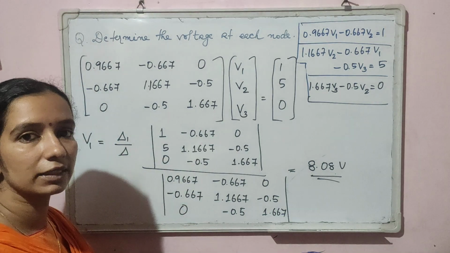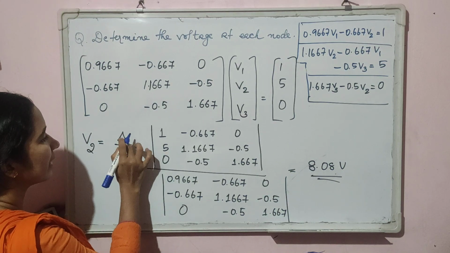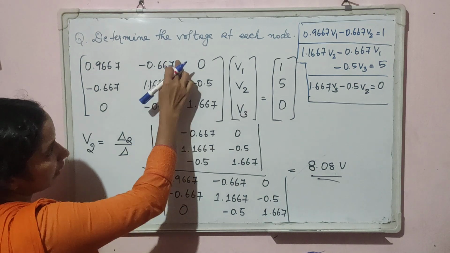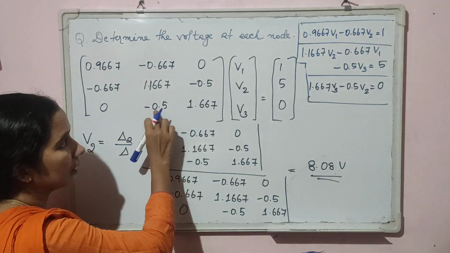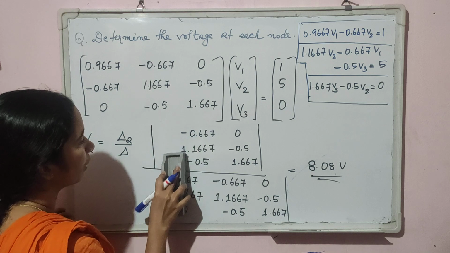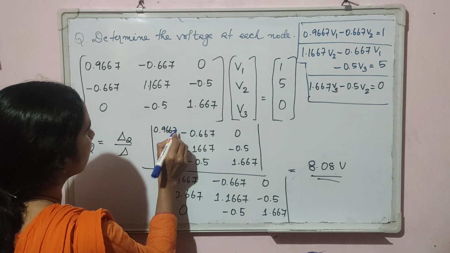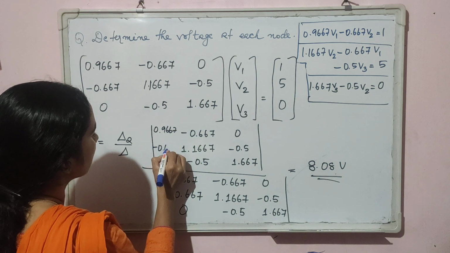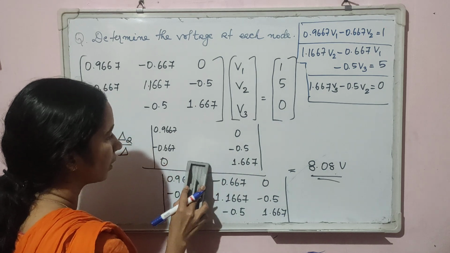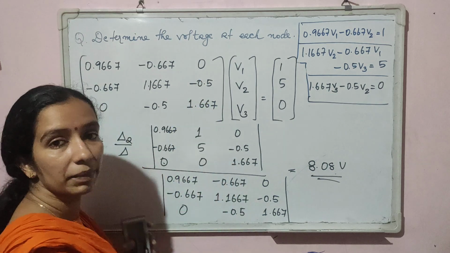Now we have to calculate V2 and V3. So V2 will be delta 2 by delta, and delta 2 is obtained by replacing the second column of the coefficient matrix by the constant matrix. So first column as such, that is 0.9667, then minus 0.667 and 0, and instead of the second column write the constant matrix, that is 1, 5 and 0, and the third column as such.